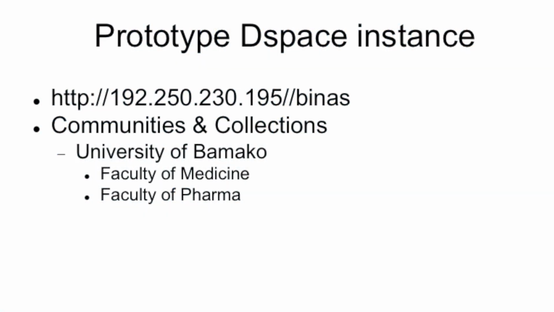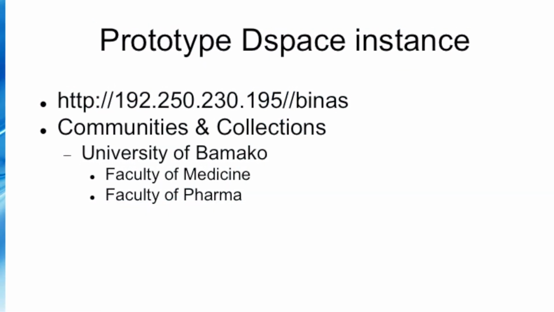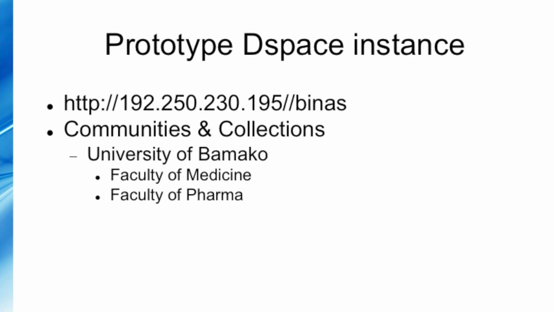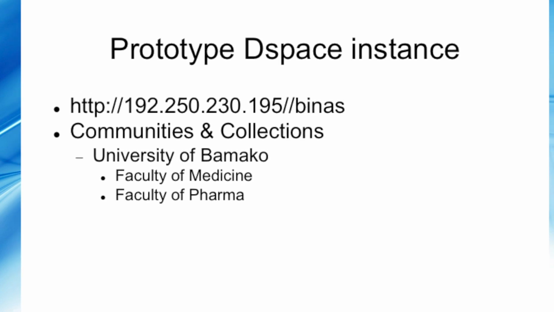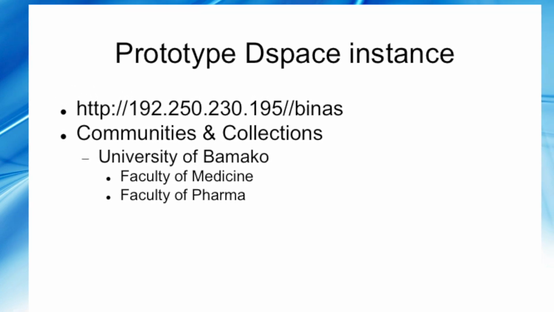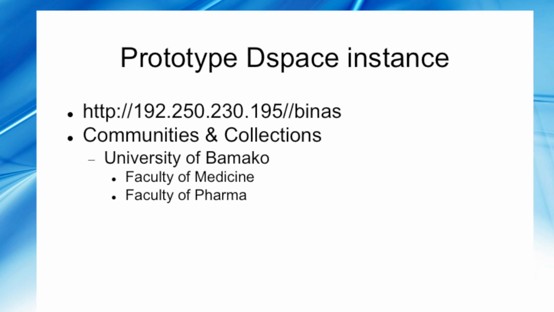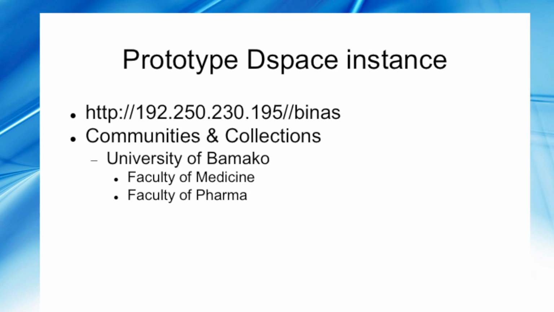So we set up a prototype at this address in which we created some communities. We use the standard DSpace submission workflow. So you go to DSpace, you identify yourself, you submit by inputting metadata and submitting the files.